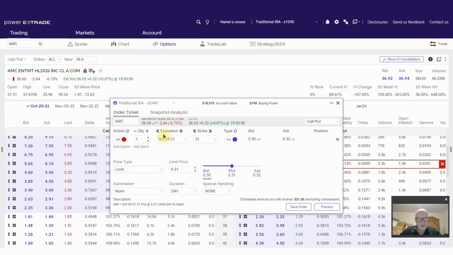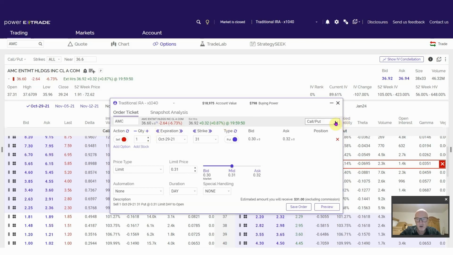But here you see sell, expiration, strike 31, bid, save order, preview. You want to make sure that you check this. Estimated amount you will receive, $31 excluding commission. So you've got to really look at this. AMC, 36.60 is the price.